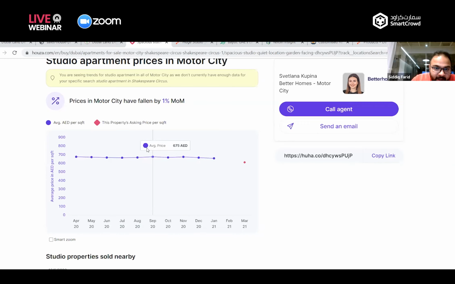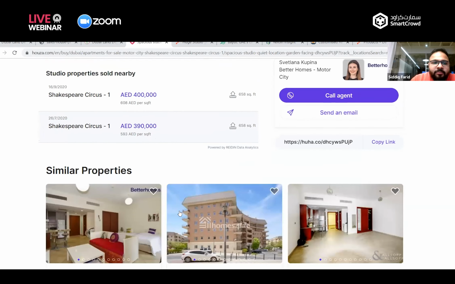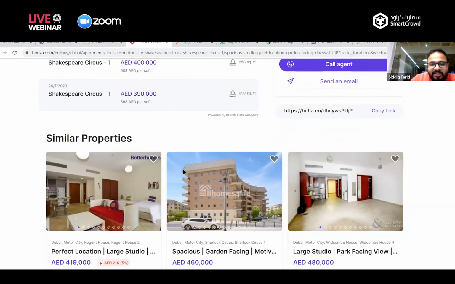And the one thing I like about these guys is they focus on price per square foot, right? Because this will give you a better indication of what's happening at a price per square foot level than an absolute number, because regardless of what your size is, you're looking at the price per the size, and you can see this property is already asking well below what the trend has been of the recent past, for example, right? And similar properties and so forth.